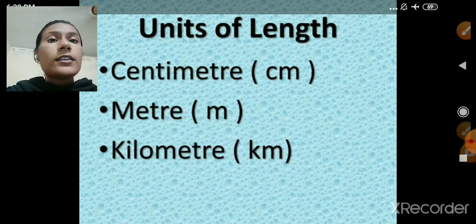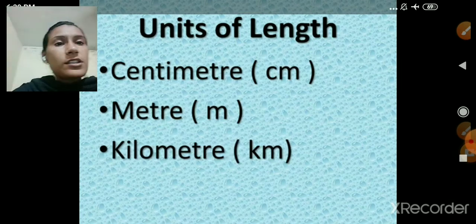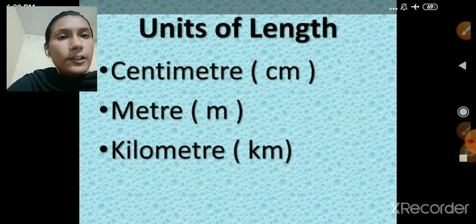Kilometer is a big unit of length. It is mostly used to measure the distance between two cities or the length of a bridge. So this is the use of centimeter, meter and kilometer.